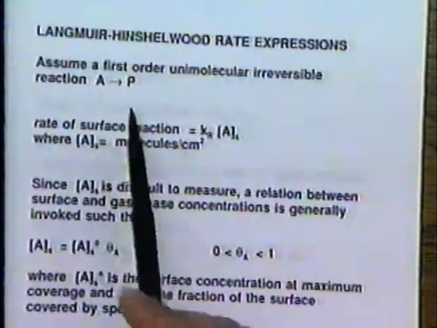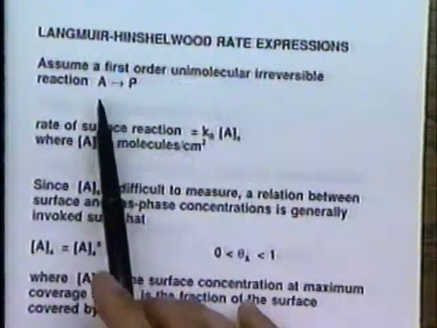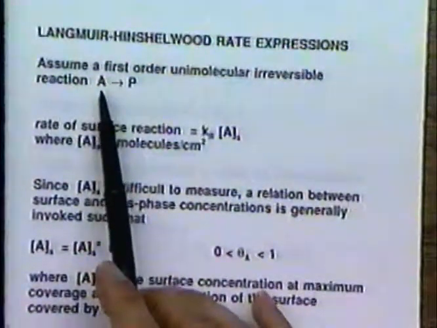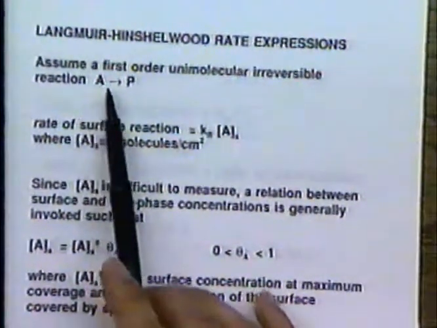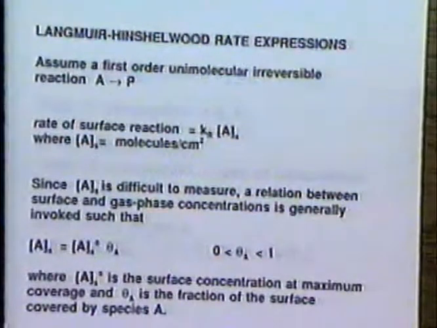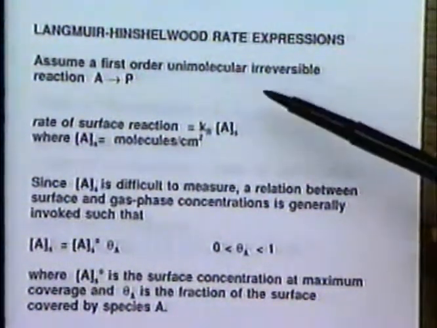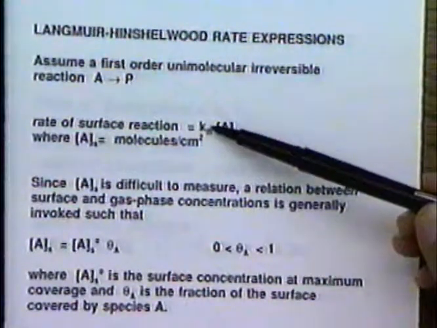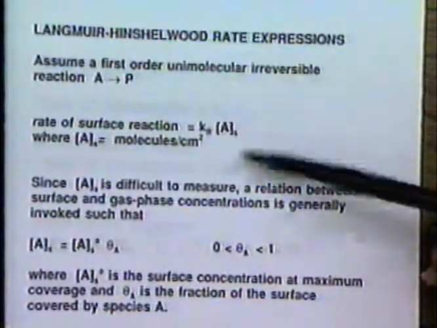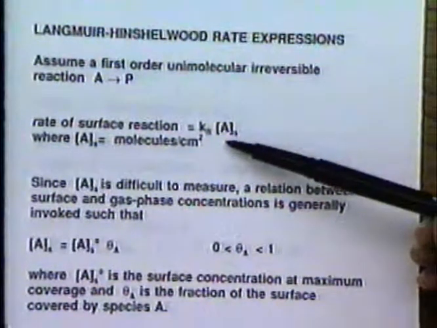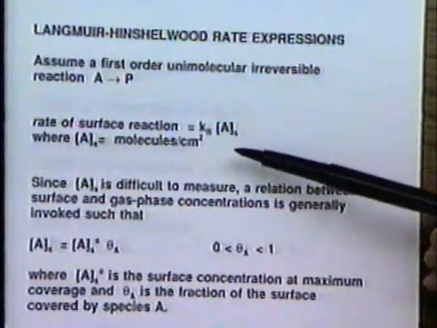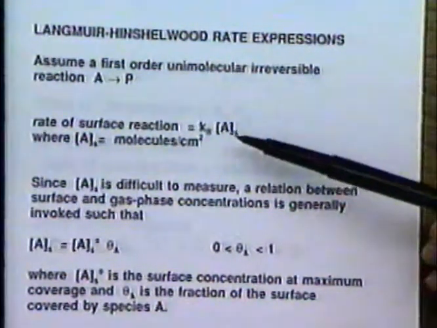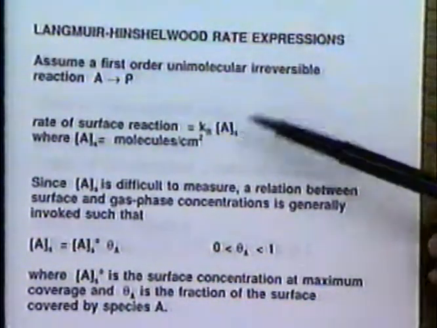We first assume that the reaction is a unimolecular irreversible reaction of the kind A goes to products. There is a rate for this surface reaction that we will call k_r C_AS. This C_AS is a surface concentration in molecules per square centimeter. This is the concentration of the adsorbed molecules.